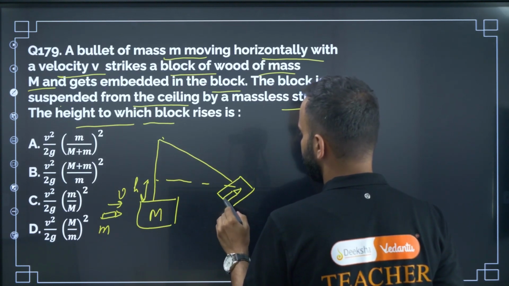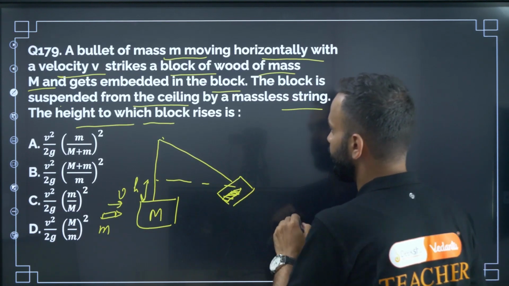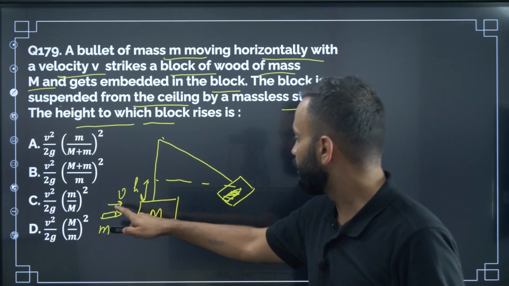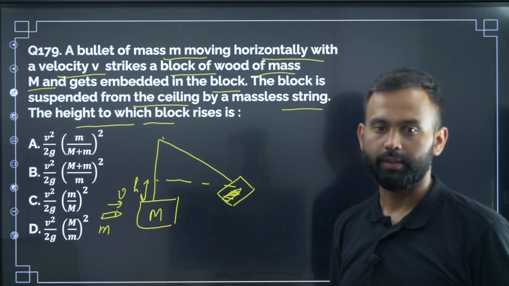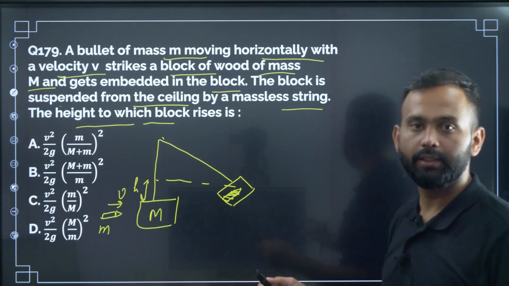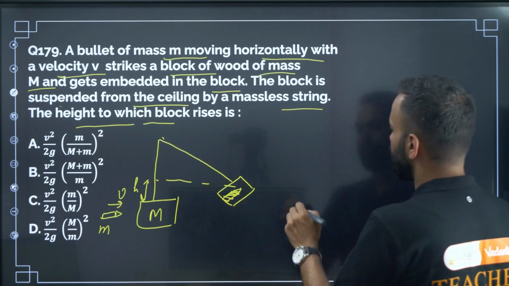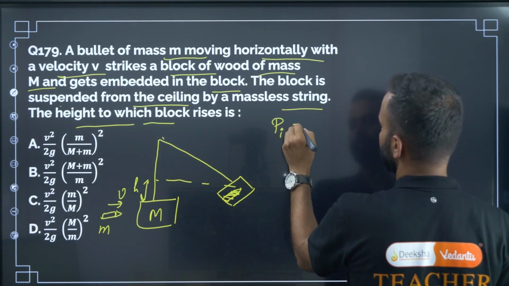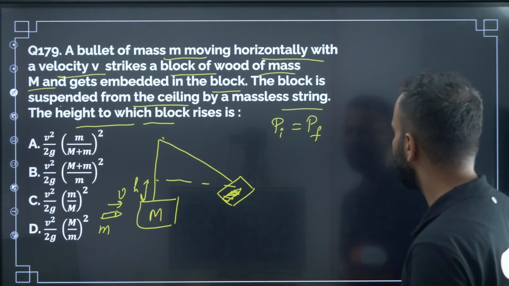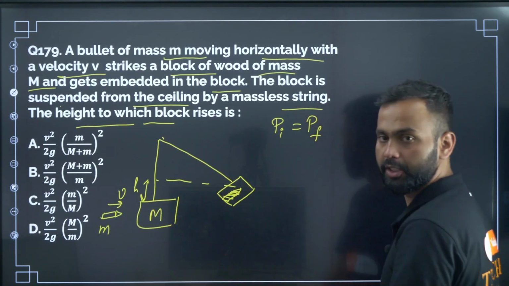Here the bullet will be embedded in the block. So our system is block and bullet. Is there any external force acting on our system? No, so we can conserve the momentum and energy. Let's apply the conservation of momentum theorem: initial momentum is equal to final momentum. Initial momentum is the momentum of the bullet plus the momentum of the block.